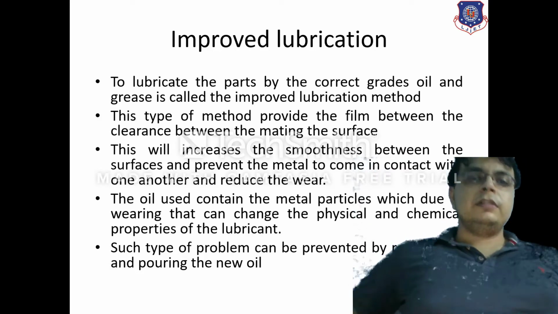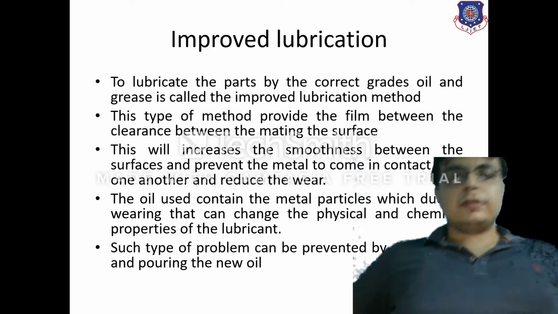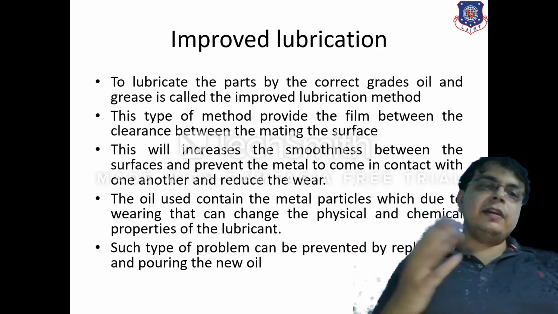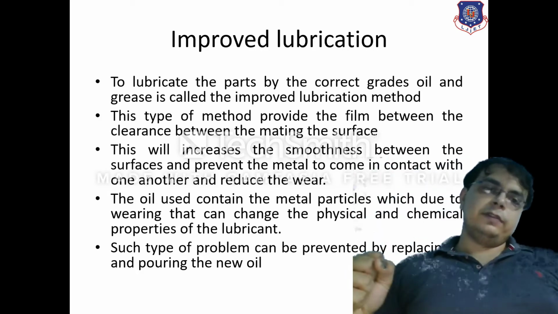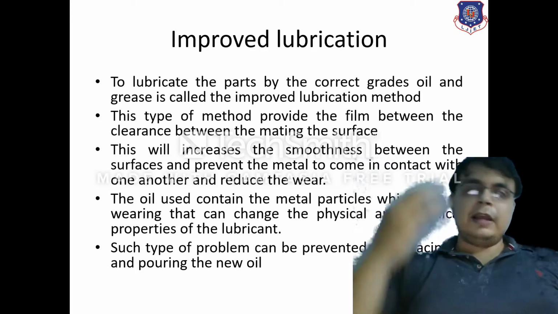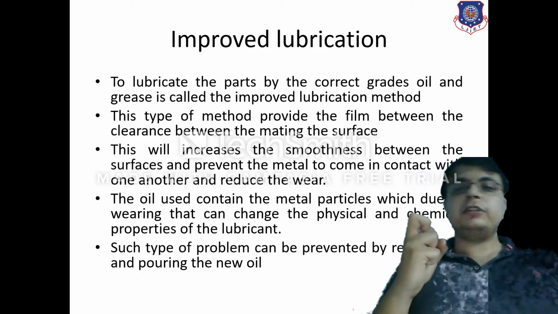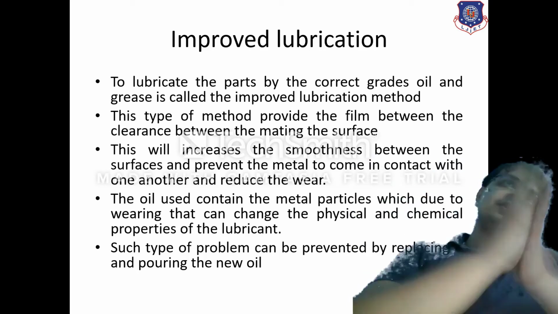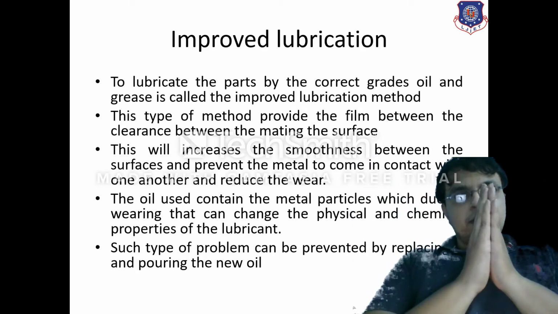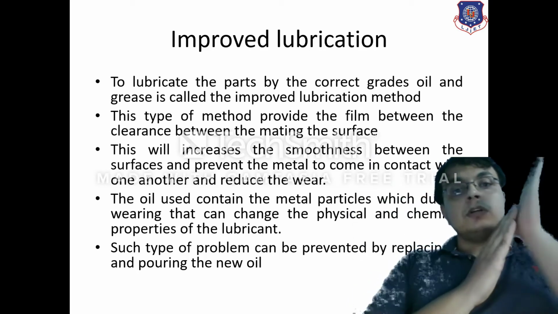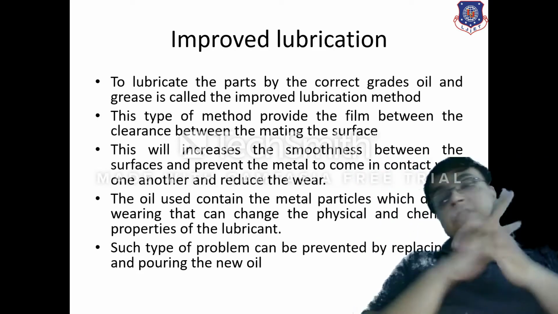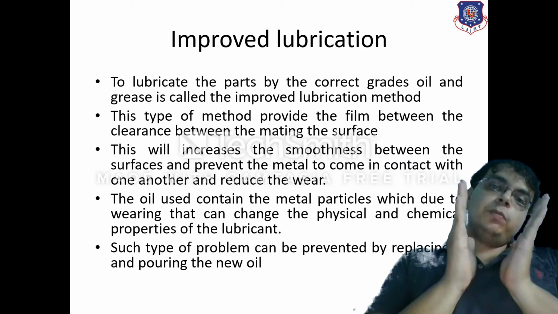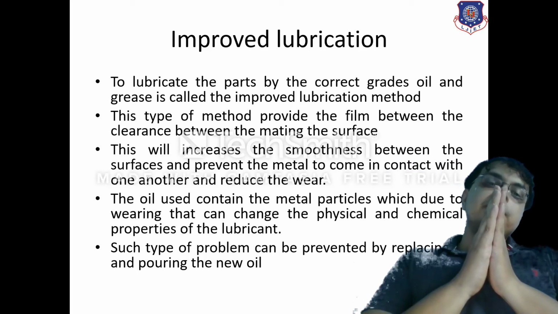We all know that a film is provided between the two surfaces, which prevents direct contact of the surfaces. By providing the thin film, the smoothness on the surface will be increased and the metals will not come in direct contact with each other, so they will not collide or abrade with each other, and as a result the roughness on the surface of the two mating surfaces will be lesser.